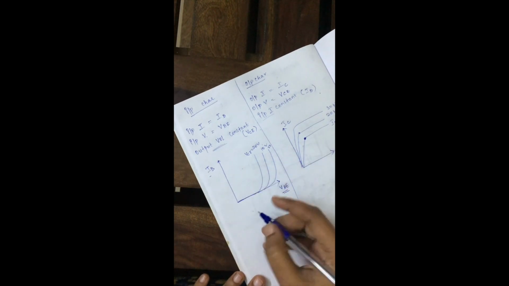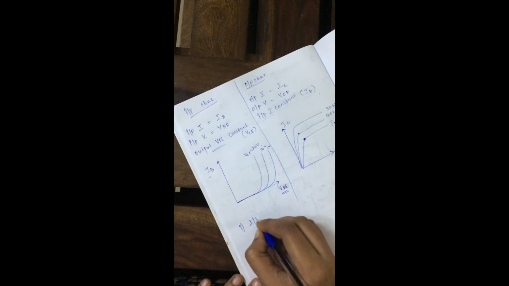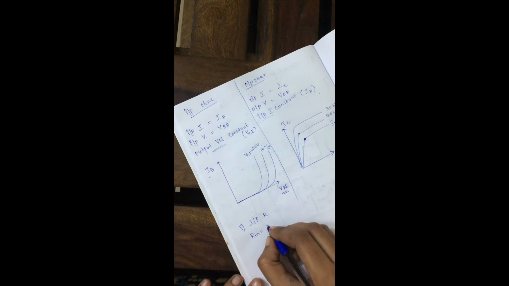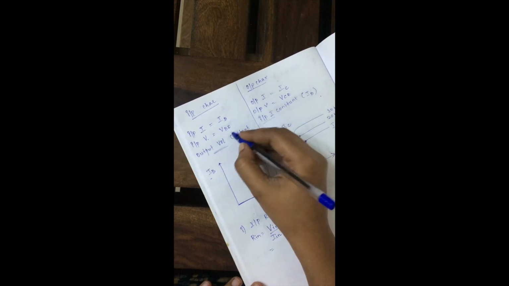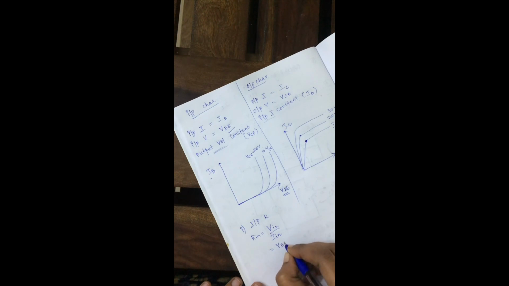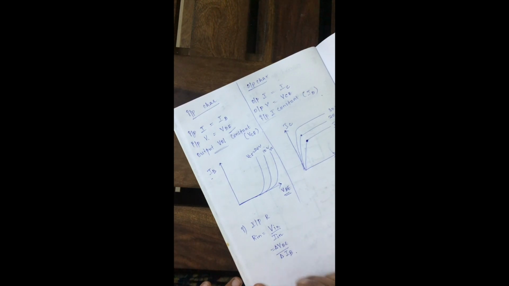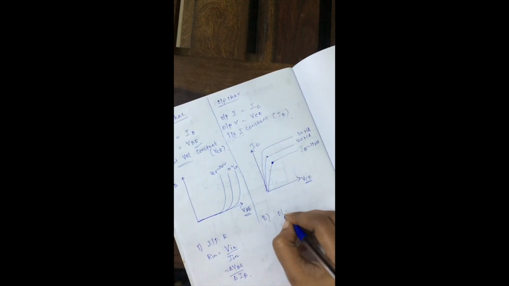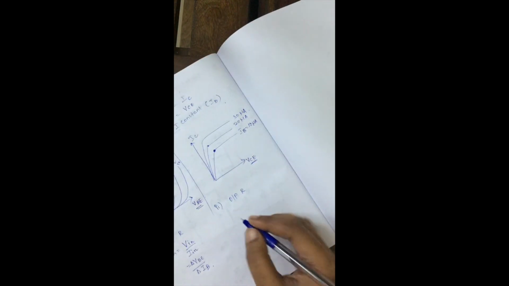By looking at this, let's calculate the input resistance. R in is equal to V in by I in. So what is input voltage? Input voltage is VBE. What is input current? Input current is IB. So we are calculating with respect to change, so that's why I mentioned del. So what is the output resistance?